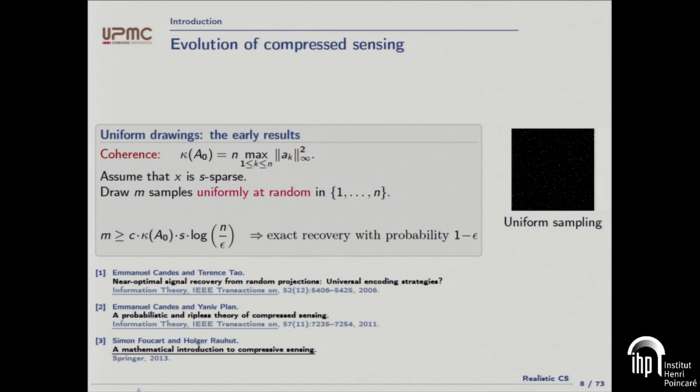Because don't forget that A0 is an orthogonal transform. Okay, so you know that the rows of A0 have L2 norm equal to 1. And then if you require that this is small, it means that any coefficient in a row of A0 will be non-zero.